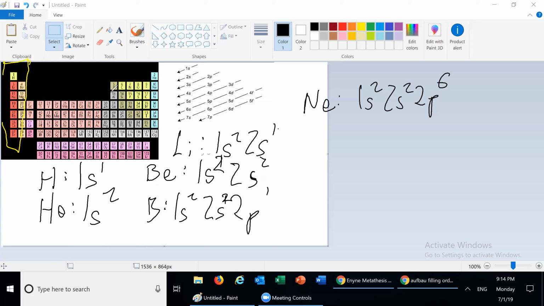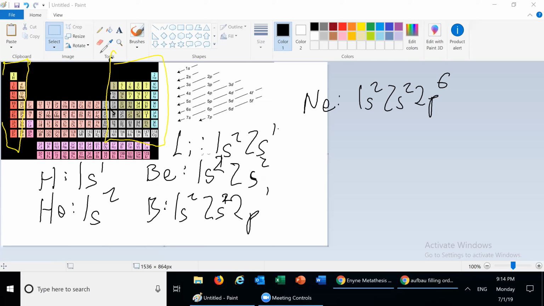So in this region of the periodic table, I have to switch to yellow. In this region of the periodic table, we're filling the p orbitals. So we call that the p block. Does that make sense? Excluding helium, right? I wouldn't worry about hydrogen and helium too much.